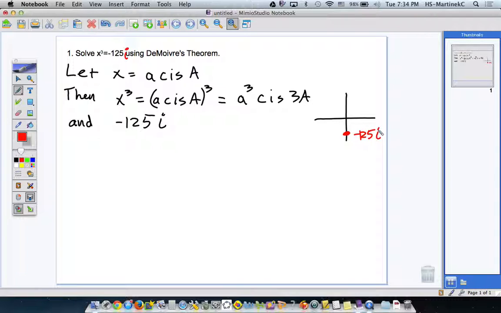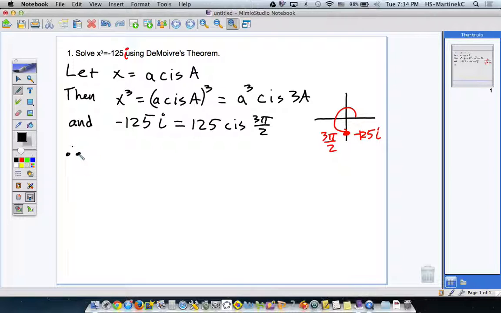I look at it, it's 125 units away from 0, 0, and it has an angle of 3 pi over 2. So in polar form, negative 125i would be 125 cis 3 pi over 2.